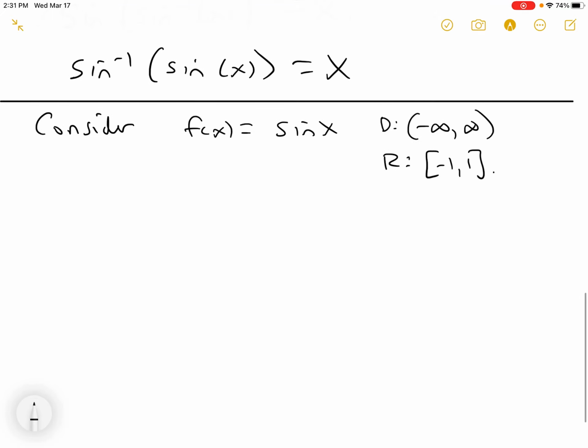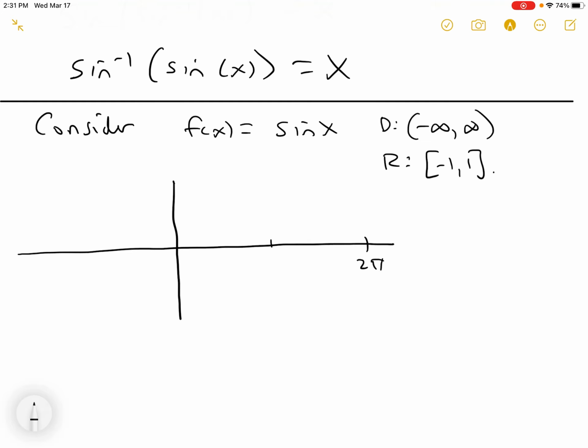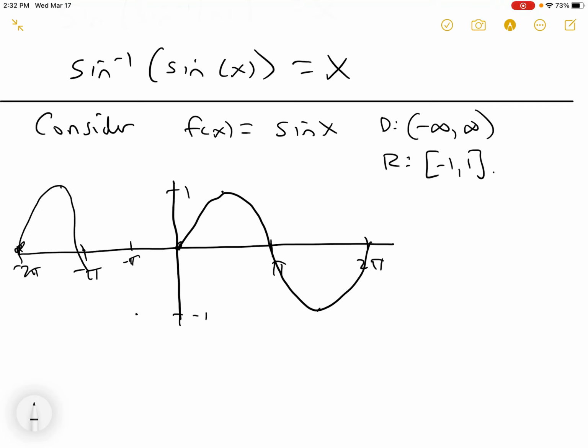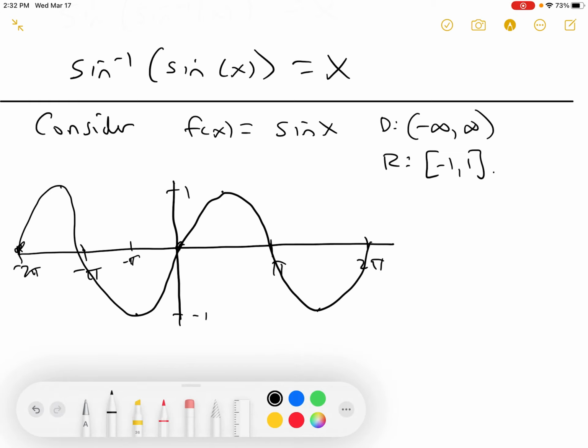So if you graph good old sine, it goes here, here, here, here, so it does this. So here's minus pi over 2, pi over 2, like this. That's sine.